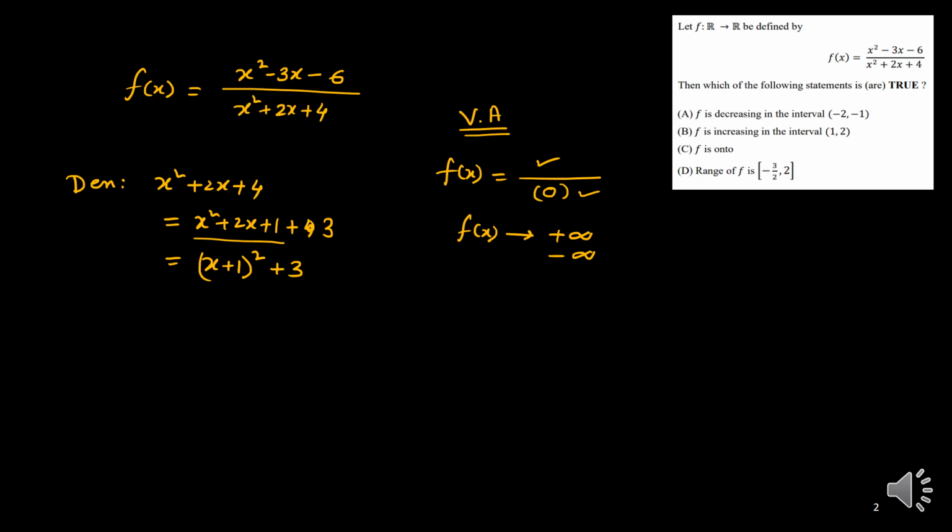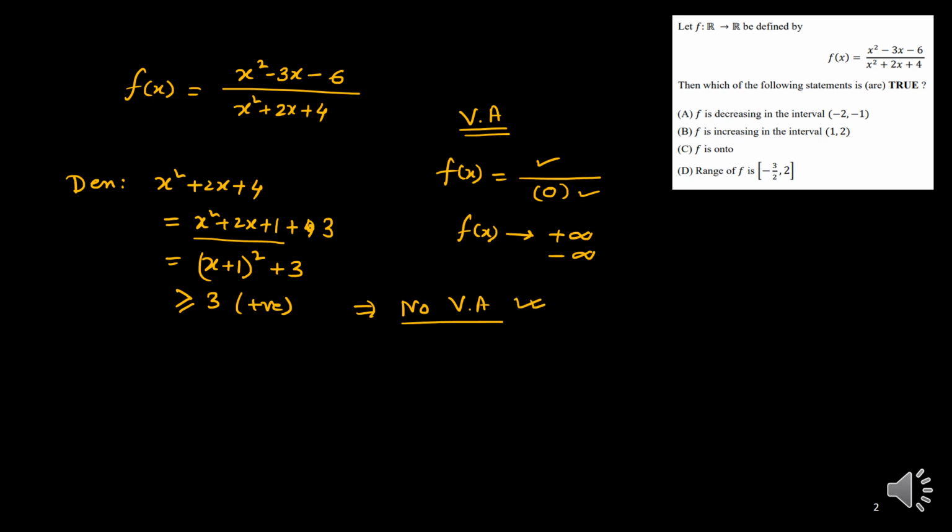What is the meaning? This value is always positive, not only positive, it is always at least 3. So it can never be 0, so the denominator cannot be 0. That implies there are no vertical asymptotes, because you can't find any point on the real axis where the function will approach plus infinity or minus infinity. That is fine. So this is one important thing.